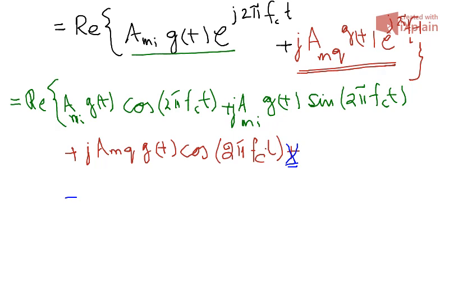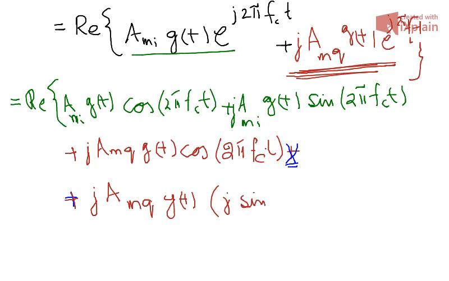Let me specifically write it and then we will multiply. We have j AMQ, which is same as this part, g of t, and then we already have this cos, so we have j sine multiplied by j sine of 2 pi f c t, which is from the Euler identity, right?